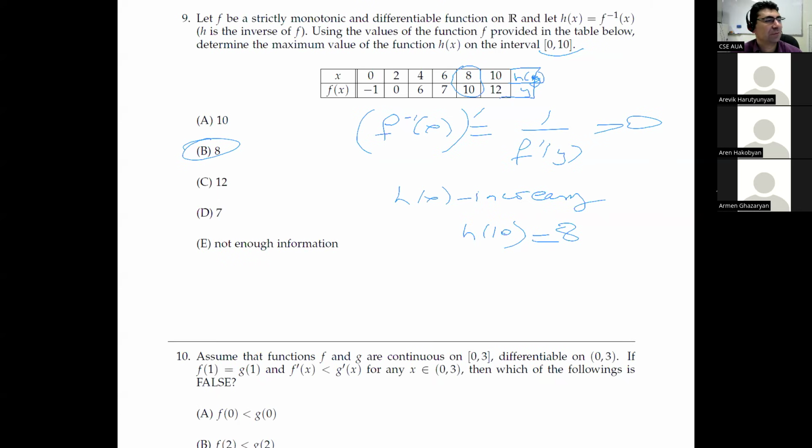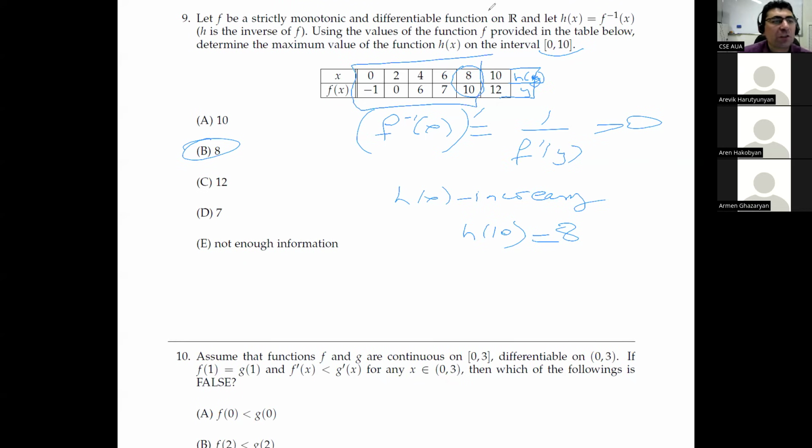The 12 is the maximum value of our function, but for the inverse function h, the inputs should be from 0 to 10. So we have to just focus on this part. Inputs for our inverse are from 0 to 10, and outputs are from 2 to 8.